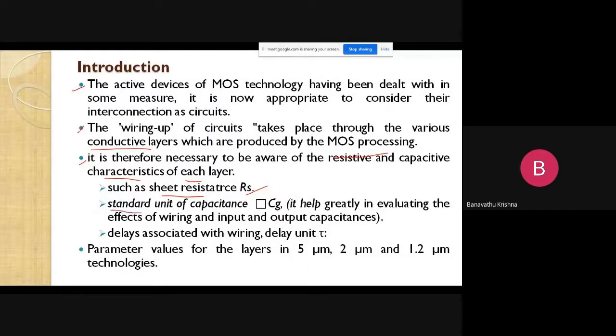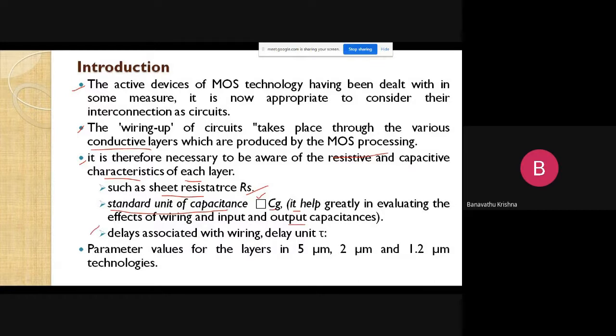The other one is the standard unit of gate capacitance, that is Cg. This box is represented as a square area. Okay, that is the standard unit of capacitance, denoted as Cg. It helps greatly in evaluating the effect of wiring and input-output capacitances, right?